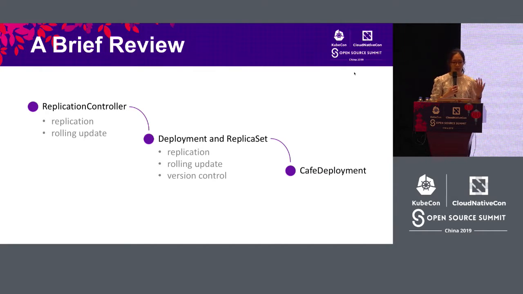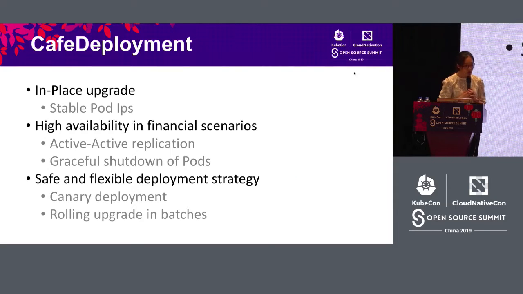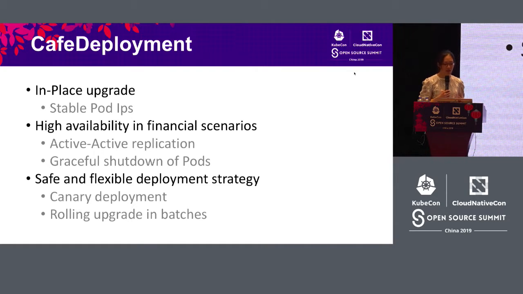And in the process, we find that we cannot use a deployment to satisfy the needs of our customers. So we have developed our own CR, and we call it the cafe deployment. Our cafe deployment supports the in-place upgrade.